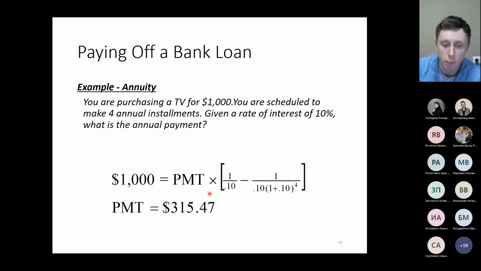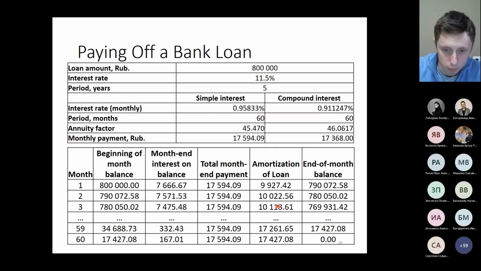If we multiply 315.47 by 4, it would be more than 1,000, because here we also use the interest rate, and this is the annuity system. This is the real tool that would be used when you make some purchase, make some payment. This is the example I prepared for you.